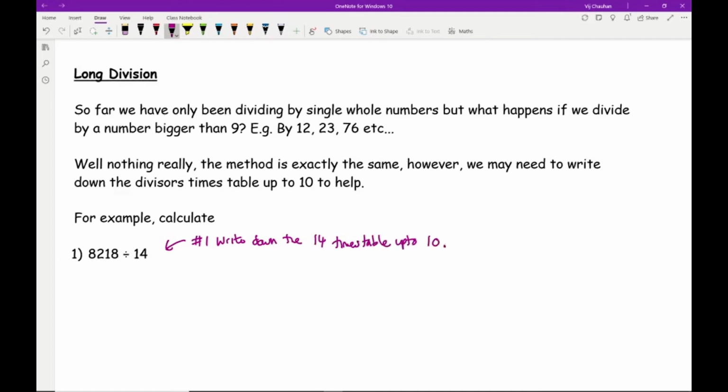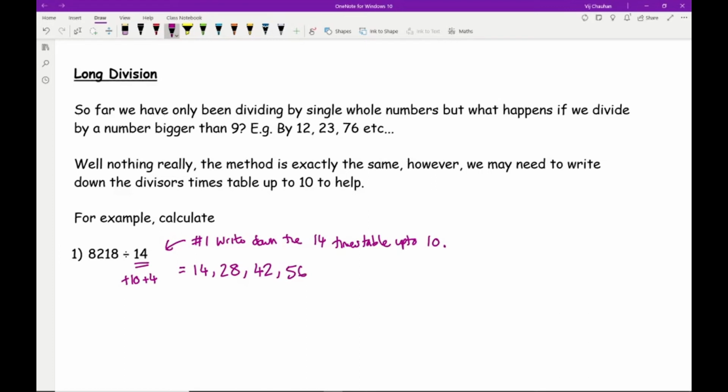To do the 14 times table, all we need to do is break this 14 up. We're going to add 10 and then add 4, and it makes it a lot easier. So 14 plus 10 is 24, plus 4 is 28. 28 plus 10 is 38, plus 4 is 42. 42 plus 10 is 52, plus 4, 56, and so on.